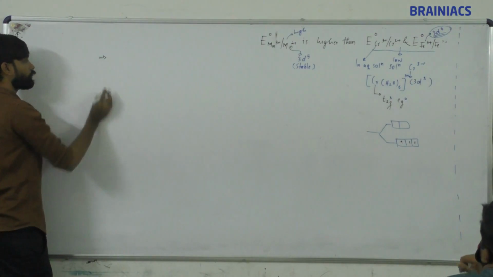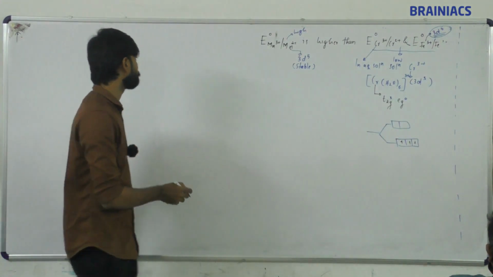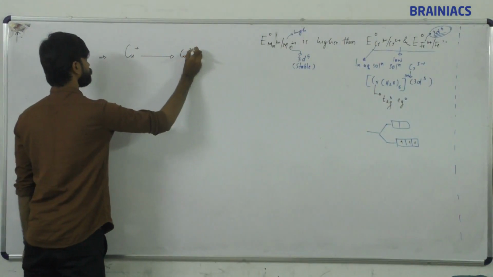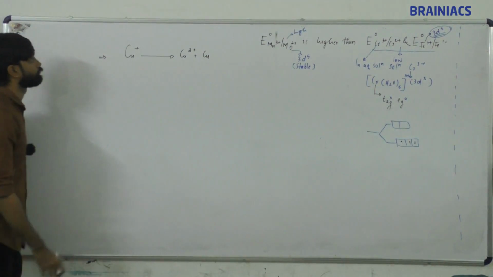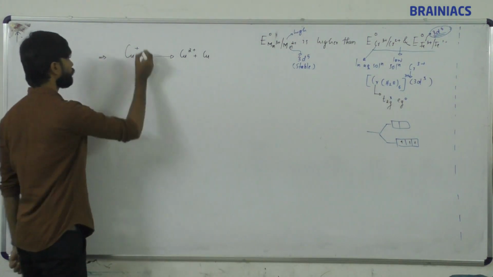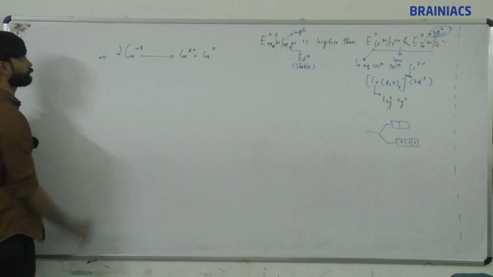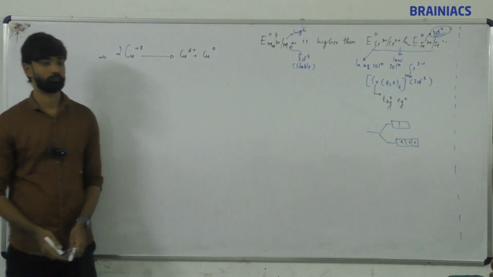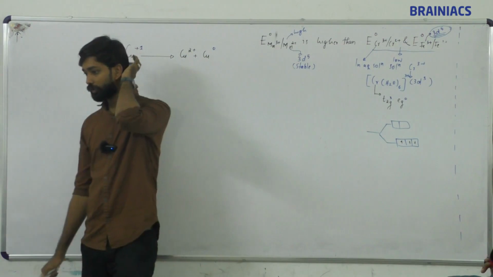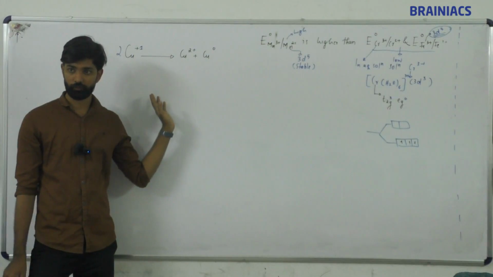Write one more point: Cu+ may disproportionate in aqueous solution. Cu+ may disproportionate to Cu2+ and Cu0, so it is relatively less stable in aqueous solution. But in the free state, Cu+ is more stable than Cu2+ because Cu+ has 3d10 configuration.